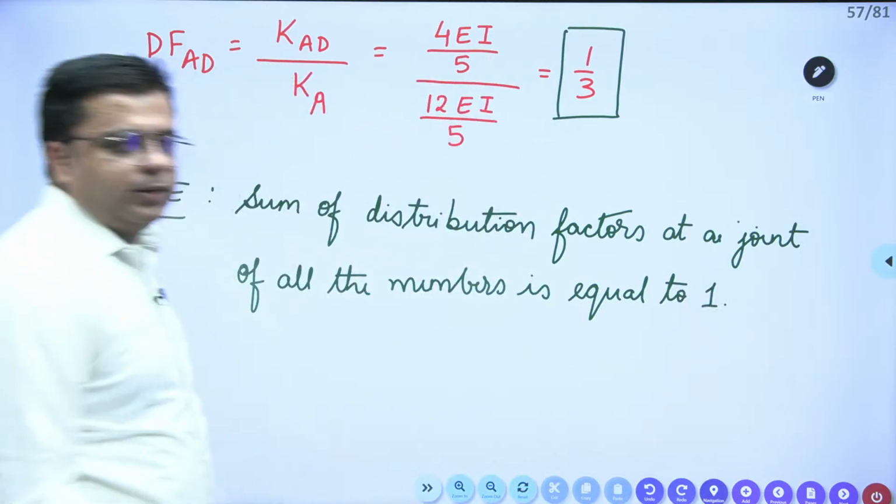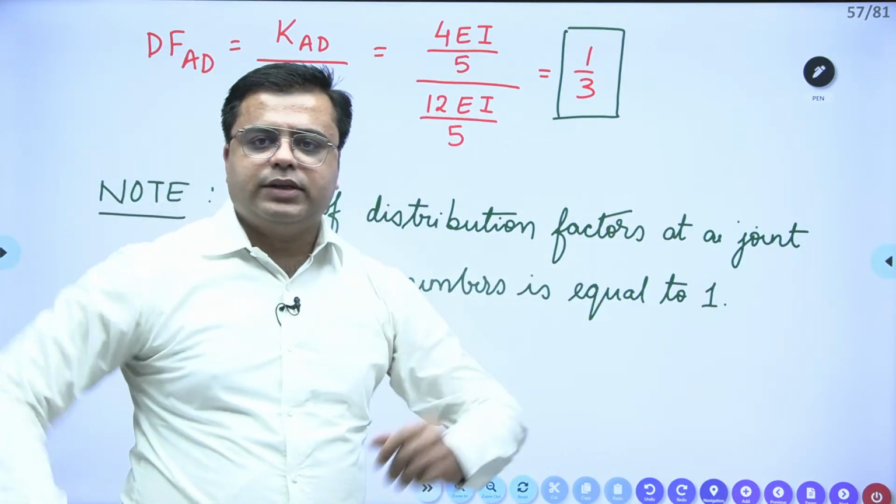The sum of distribution factors for all the members is equal to 1.